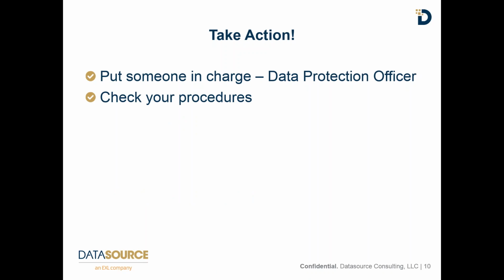GDPR requires documented procedures for many things, including defining the legal basis for using data you acquire, delivering privacy notices, acquiring explicit consent when required, managing access to data by users within and outside the company, handling requests by customers and other data owners to review, correct, delete, or share their data, assessing security and the impact of any data breaches, training employees in handling the data, and building privacy considerations into system designs.